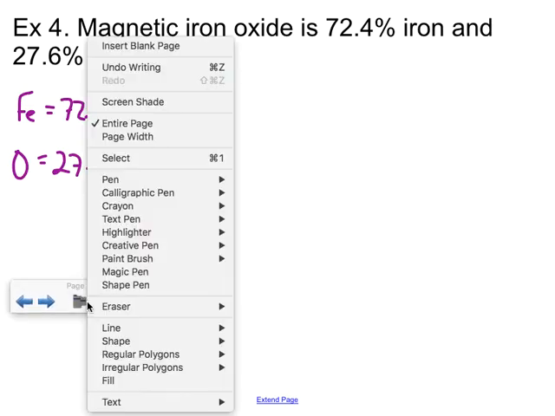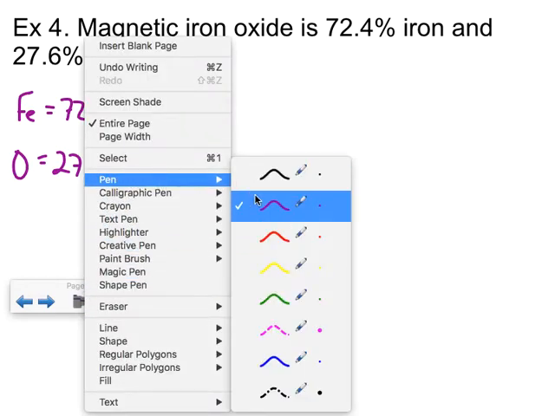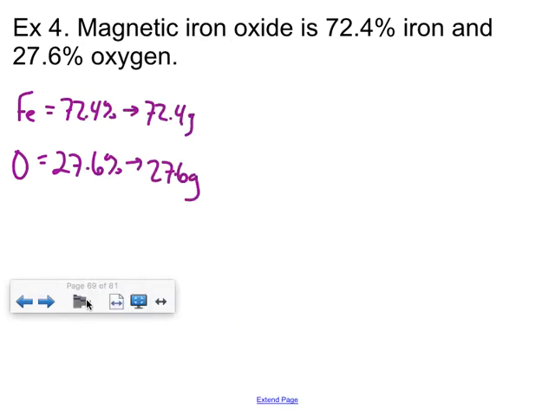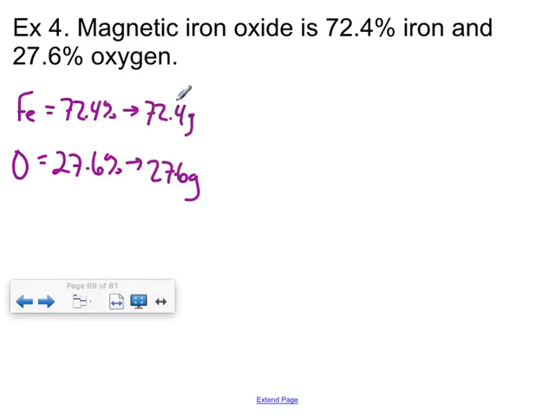That's the first step. Second step, convert. Oops, wrong pen. Oh, geez Louise. Bam. Okay. Convert grams of your element to moles of that element. So you do that by dividing by the molar mass. The molar mass of iron, number 26 on the periodic table, is 55.85 grams per mole.